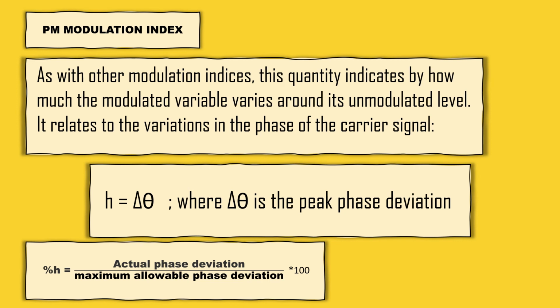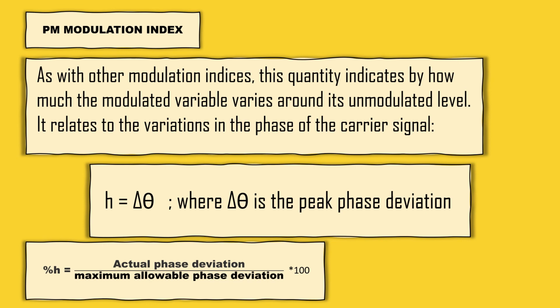It is expressed mathematically as h is equal to delta theta, the peak phase deviation. Percent h, or percent modulation, can be calculated by getting the ratio of the actual phase deviation over the maximum allowable phase deviation and then multiplying it by 100.